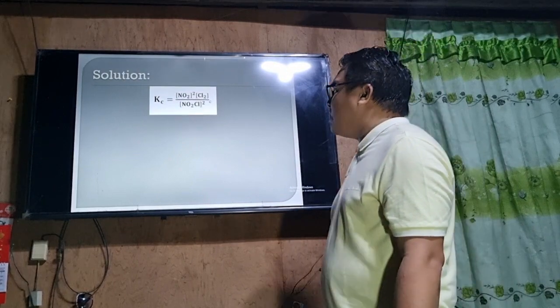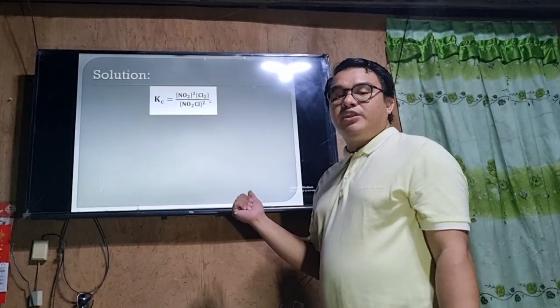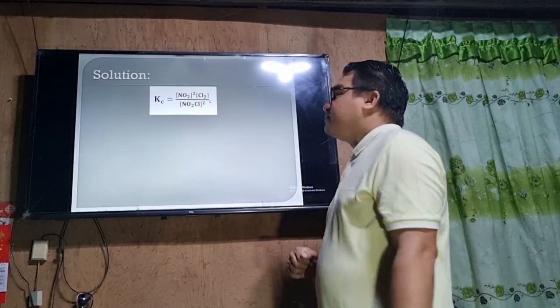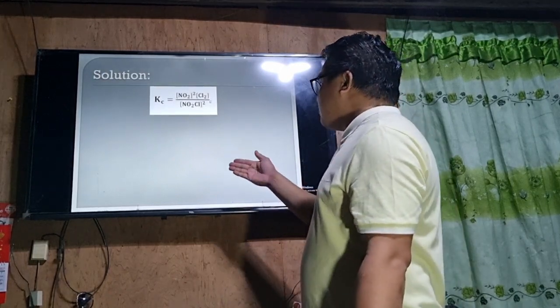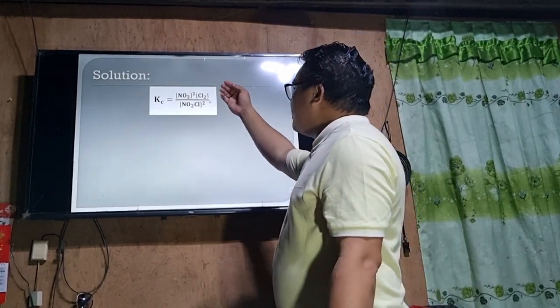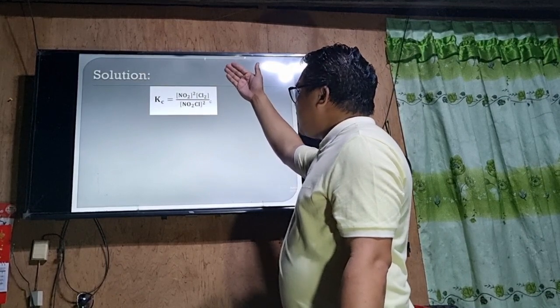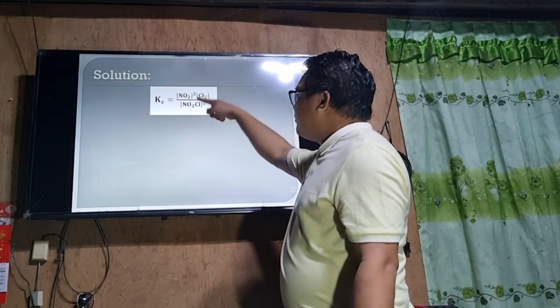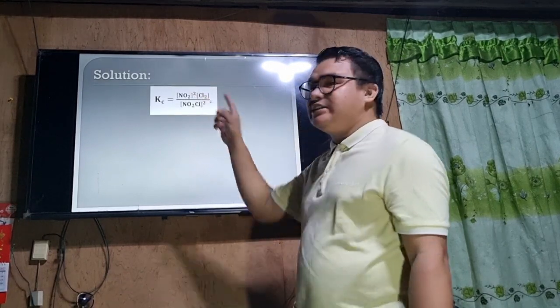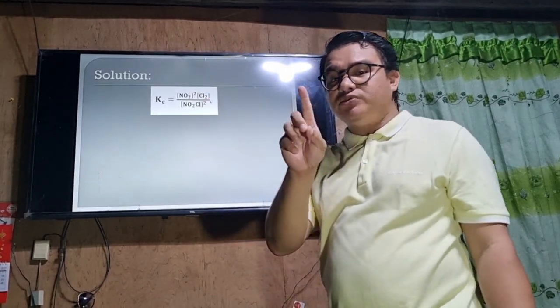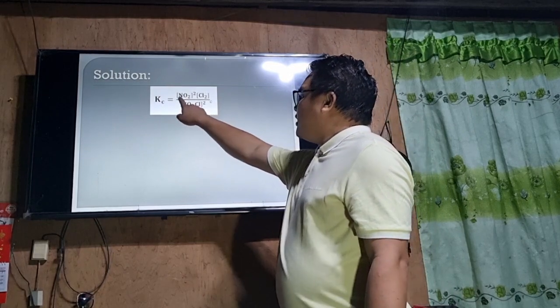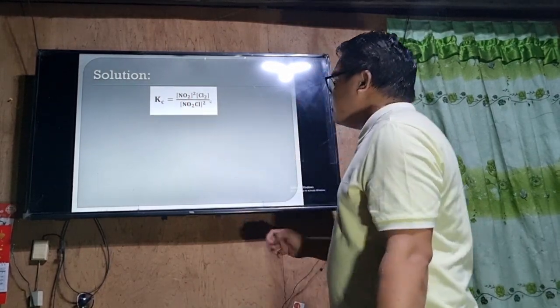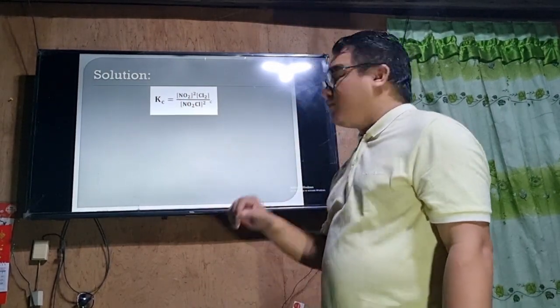We have the formula. The chemical equilibrium constant is equal to the products over the reactants. So raised to the power of 2 because there is a coefficient of 2 in NO2 to balance the general equation.